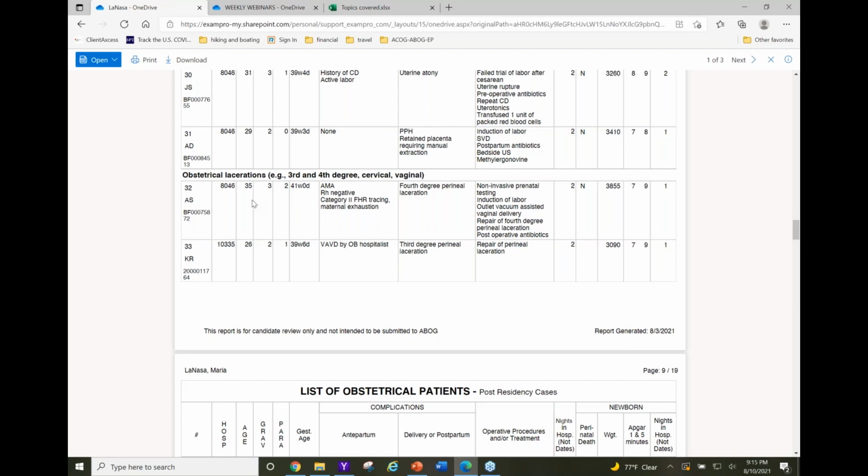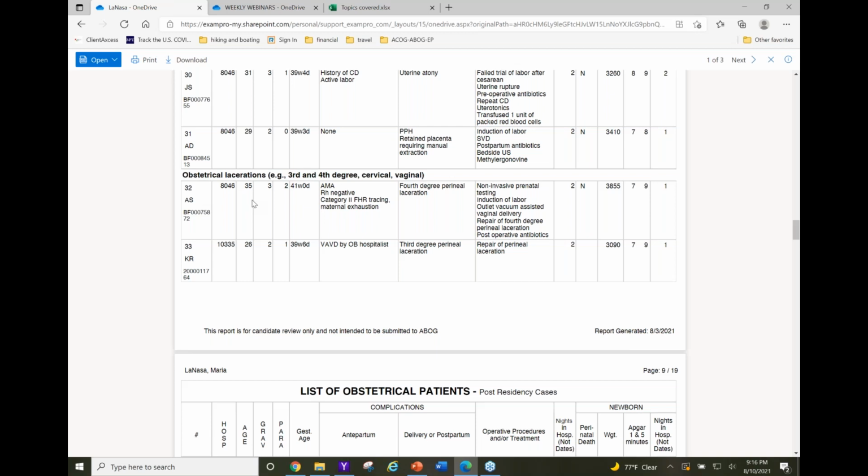Something to look at. Let me ask you this: what's the first step in repairing a 4th degree laceration? Placing Allis clamps on. Oh, yeah, I mean about suturing. What's the first structure you need to think about reapproximating? The anal sphincter. Okay, tell me what's the difference between a 3rd degree and a 4th degree?